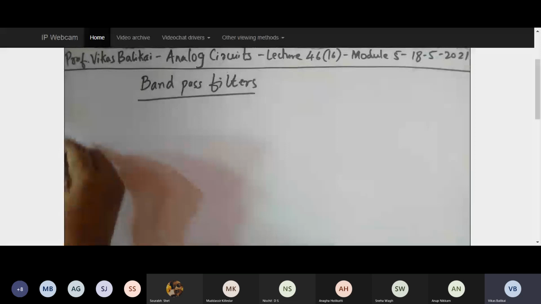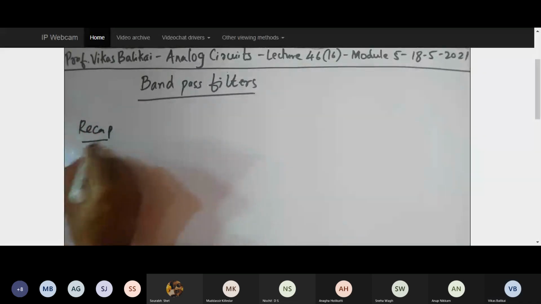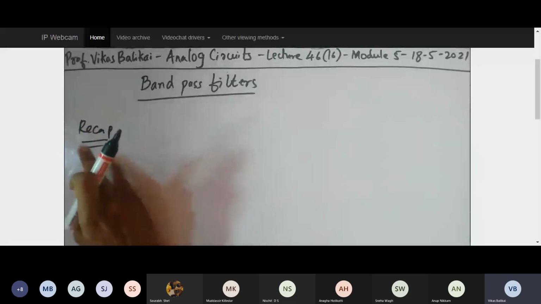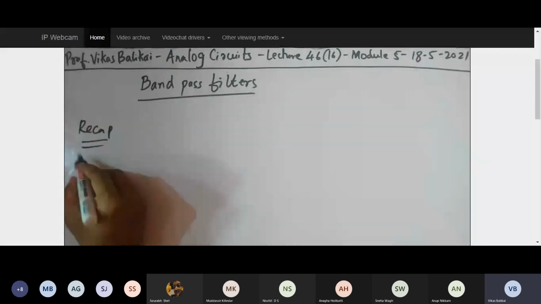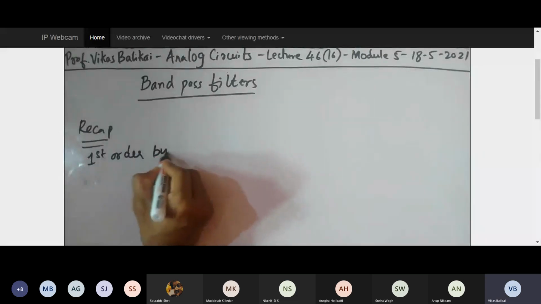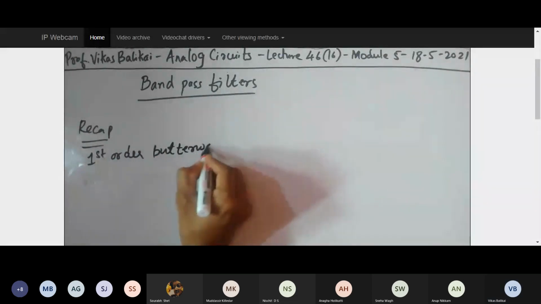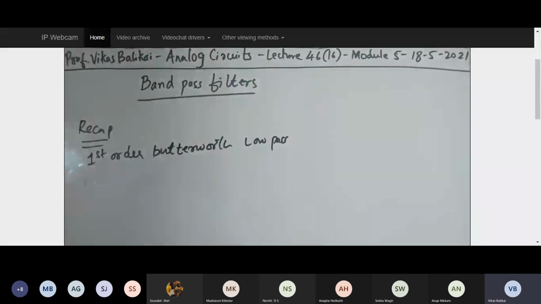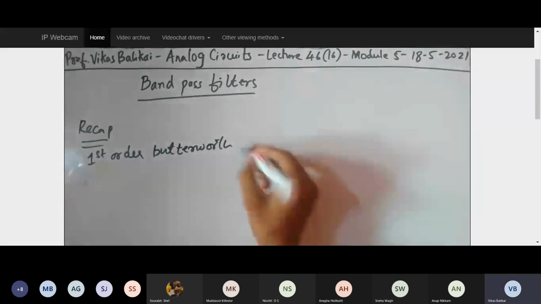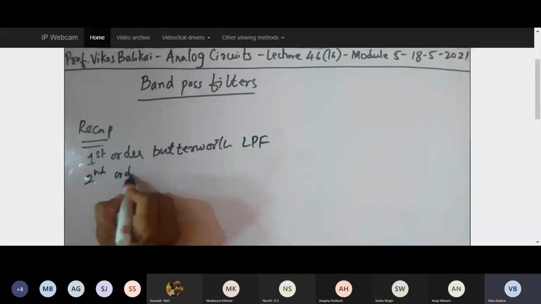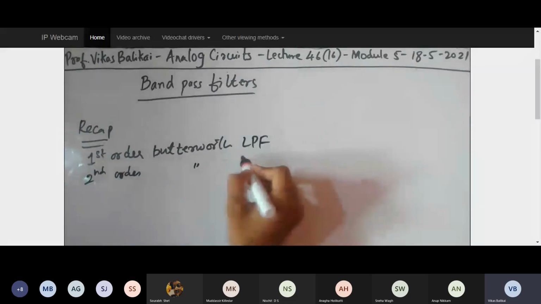Now we started with the low pass filter, and that too the first order Butterworth low pass filter, and then we moved further to understand the second order nature of the low pass filter.